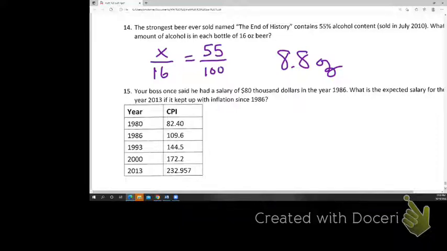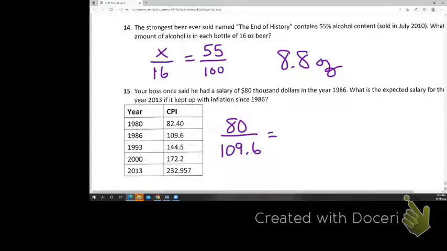And then you will have a CPI question. So remember, CPI also was something we had more than one way to set up in a proportion. So if this was $80,000, and that was for 1986, I kept 1986 together. You could do CPI and CPI together, but I think it's easier to keep the year together.